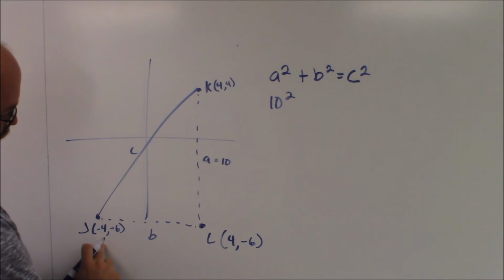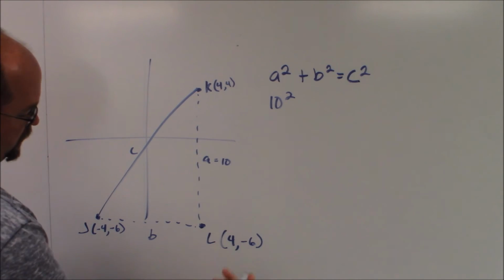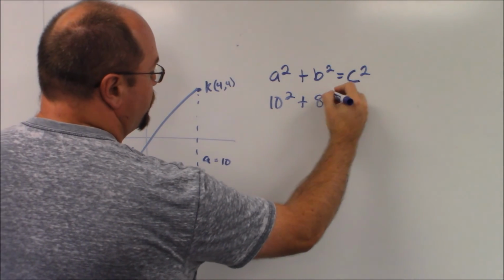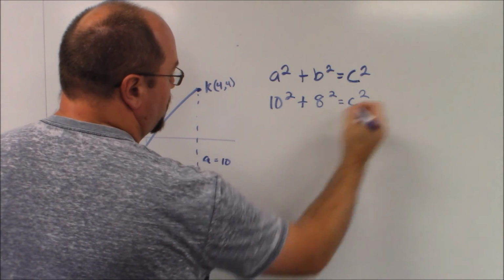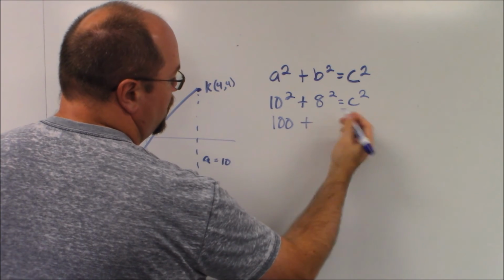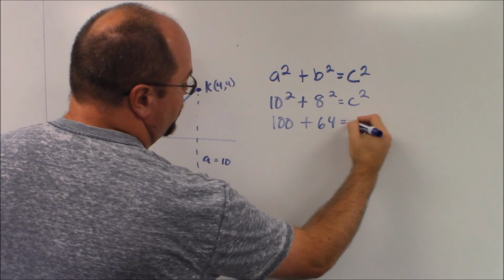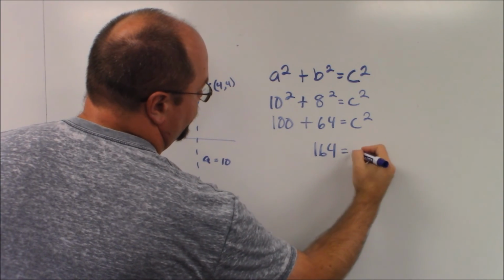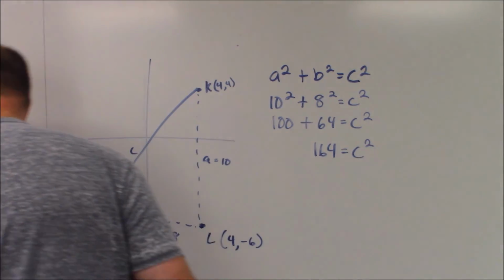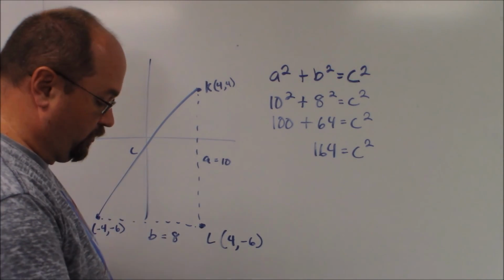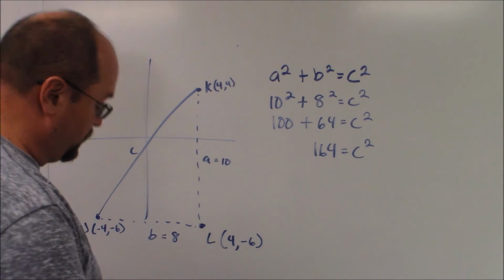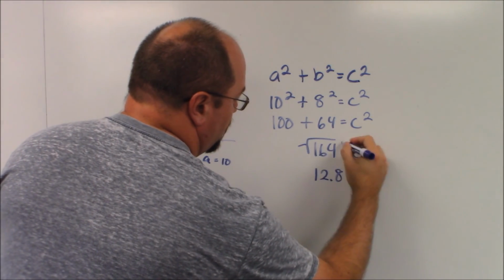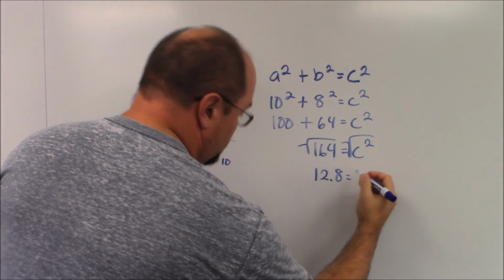Here we're going from -4 to 4, so B is going to be 8. And so we get 100 plus 64, let's get 164. Find the square root of 164, and we get 12.8 equals C.